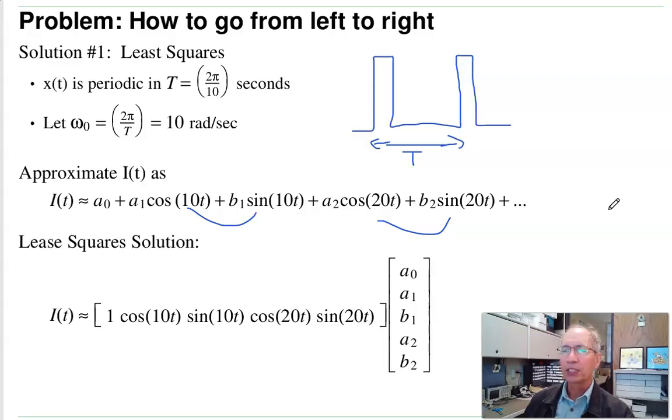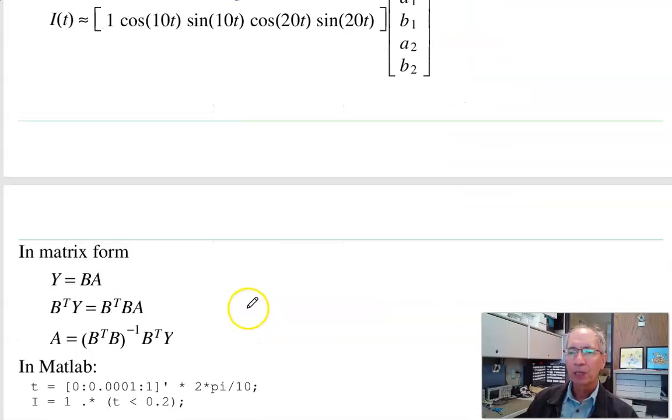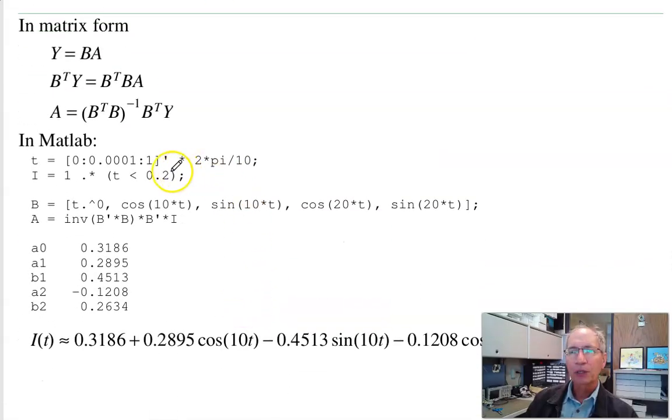So to do that using least squares, I would rewrite this in matrix form. Here's my basis function: 1, cosine, sine at 10 radians per second, cosine, sine at 20 radians per second. Here's my constants. That's my basis function b. To find my constants, I would do a least squares curve fit: inverse of b transpose b times b transpose y.